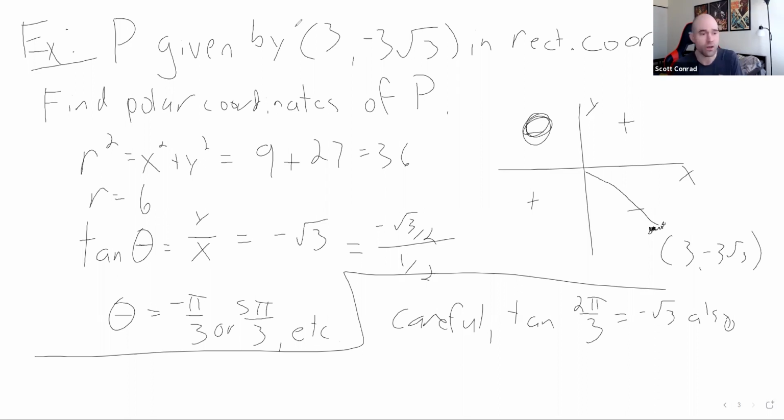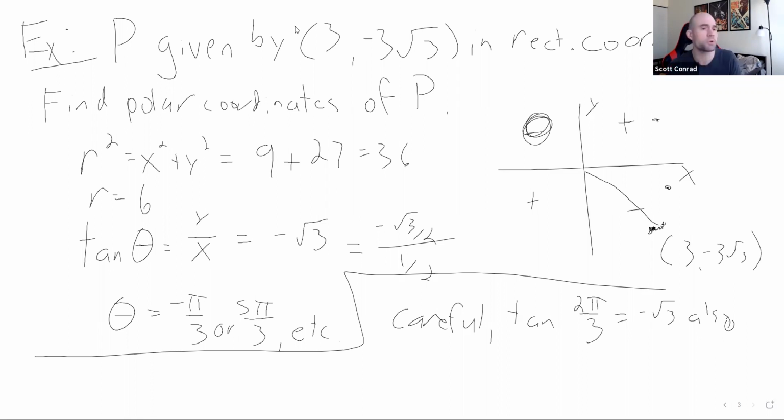If x is r cos theta, then cos theta would be x over r, which is 1/2, and cos theta is 1/2 here and also in here. So you need to see what your y coordinate is to see which one of those gives you that. Does that make sense?